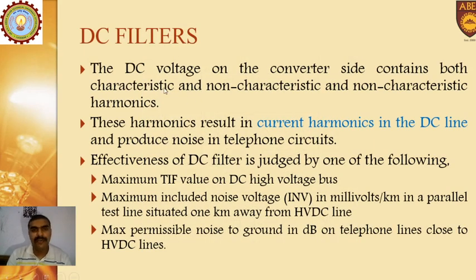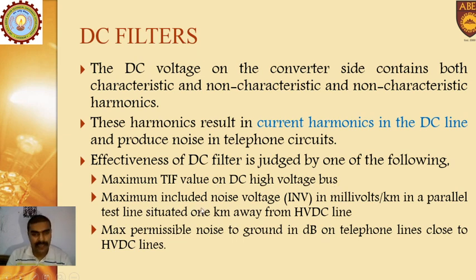Now the DC filters. The DC voltage on the converter side contains both characteristic as well as non-characteristic harmonics. These harmonics result in current harmonics in the DC line, and the effectiveness of a DC filter can be measured by any one of the following. One is the maximum TIF value on the DC high voltage bus.